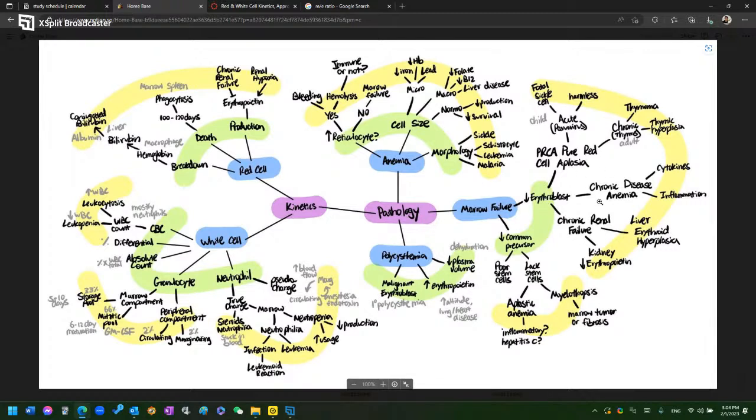But something is specifically wrong with your erythroblast. Okay. Took a while, but yeah, that's what we're talking about right here.